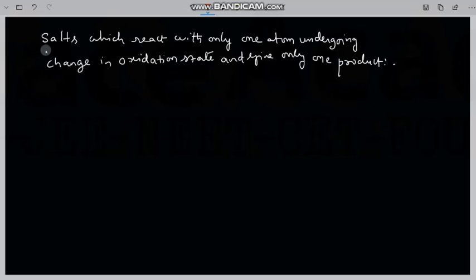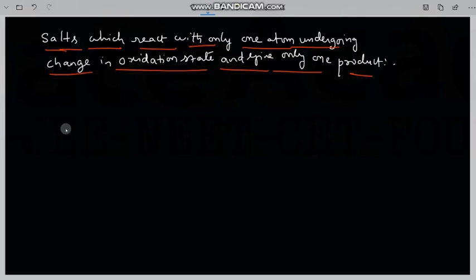Now let us discuss the salts which react with only one atom undergoing change in the oxidation state and give only one product. When you want to find the n factor for this type of salt, the number of moles of electrons exchanged, that means lost or gained by 1 mole of salt, is called the n factor.